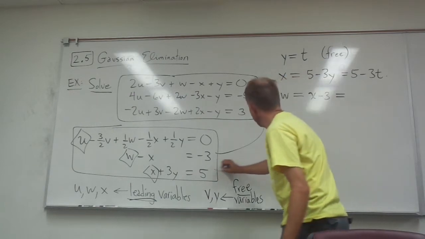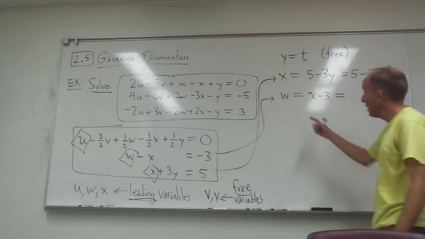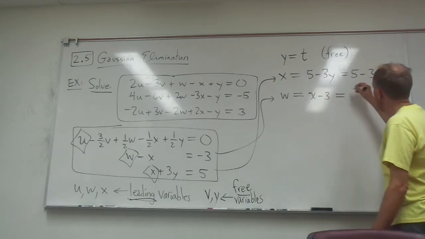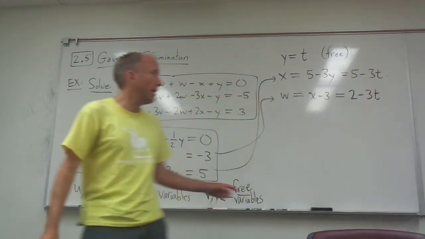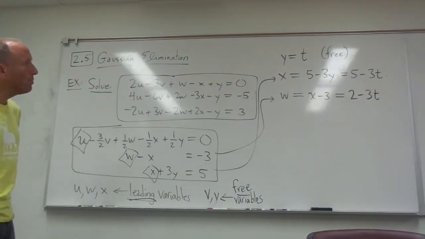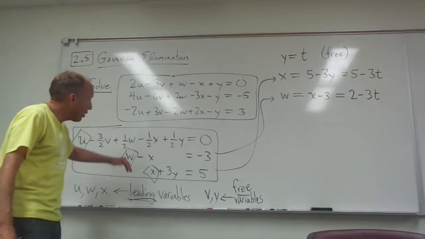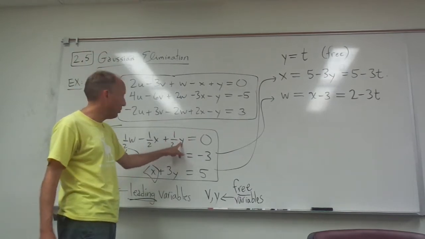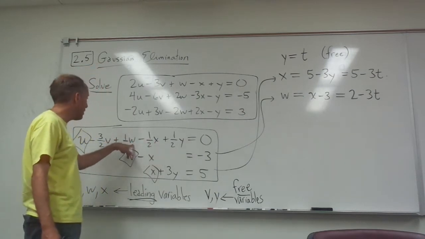So just in the same way that we used the last equation to solve for x, I'm using the middle equation to solve for w. If I take x and subtract 3 from it, that's going to give me 2 minus 3t. So that's w. Now I go back to the top equation.